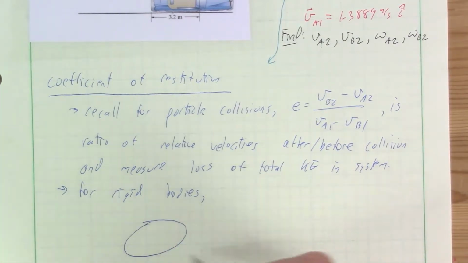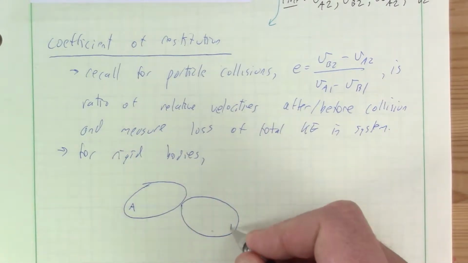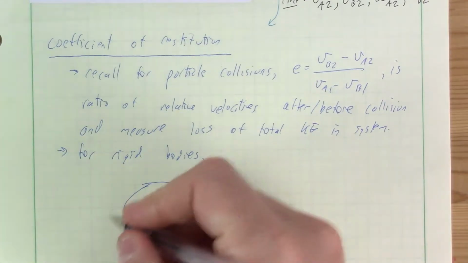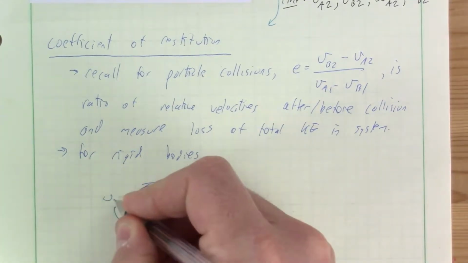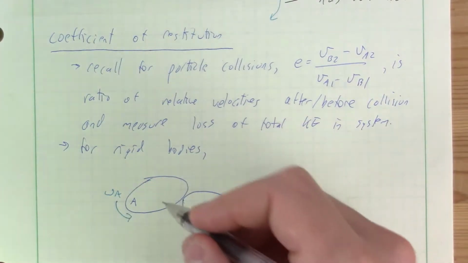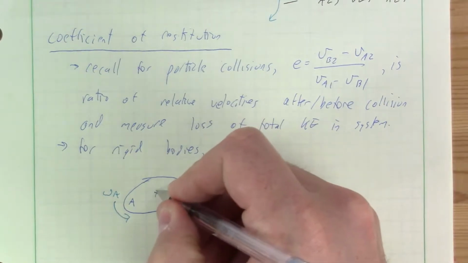Let's actually have the bodies in collision, so at the state of collision. This is A and this is B, and they both have rotation, omega. And just for simplicity, let's say they're rotating about their center of mass.